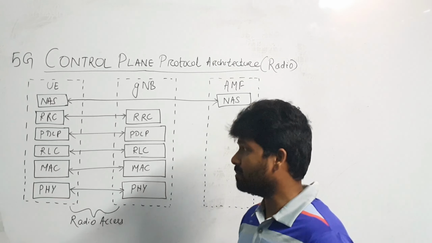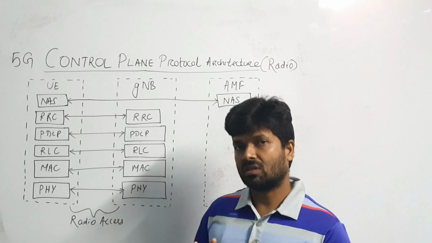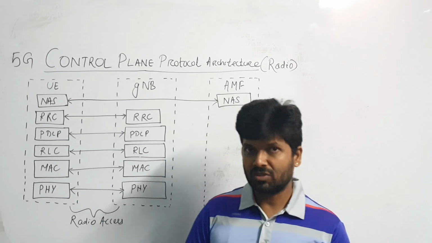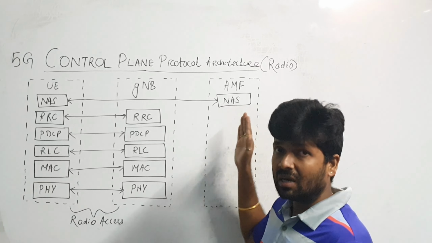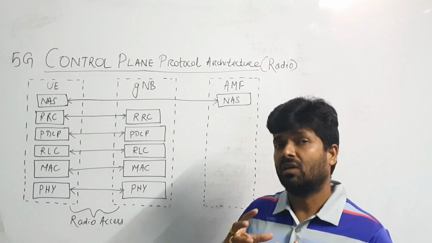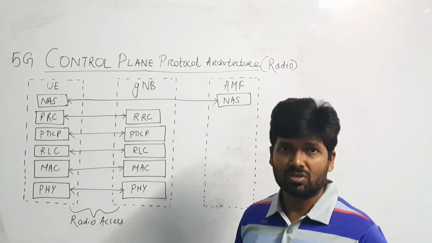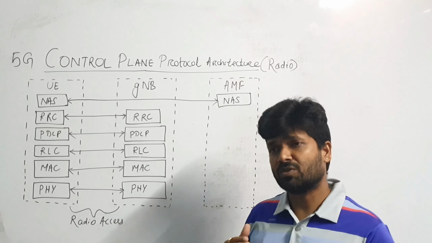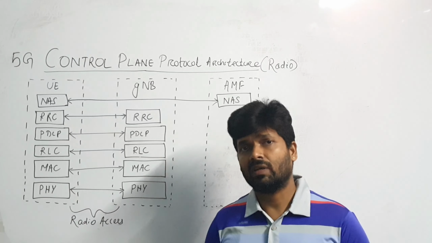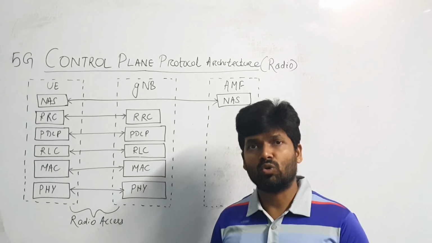I hope this video really helps and you have a fair idea about the different protocols used in 5G, and there is not much difference between LTE and 5G. The only thing is we have the access and mobility management function here in place of the MME in LTE, and the rest of the things are almost the same, especially when we launch our network through non-standalone mode.